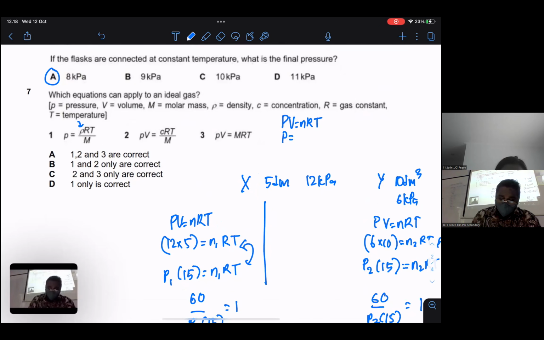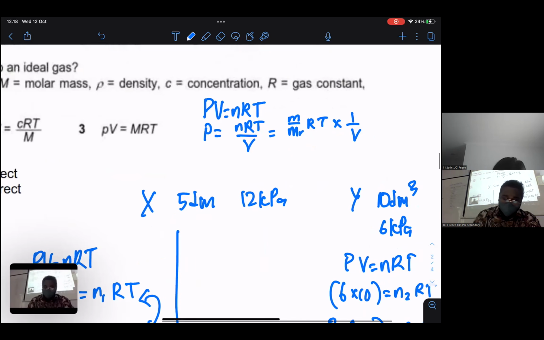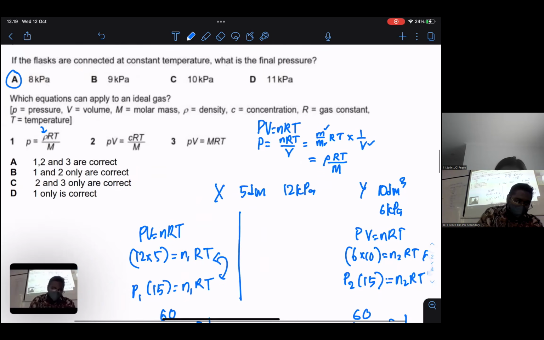So you just put P, this is going to be nRT divided by V. What is n? n is going to be mass divided by Mr, and then RT divided by volume, you can just put 1 over V, times 1 over V. And M divided by V is going to be density. You will get density, and you will have RT divided by M. So this is correct.